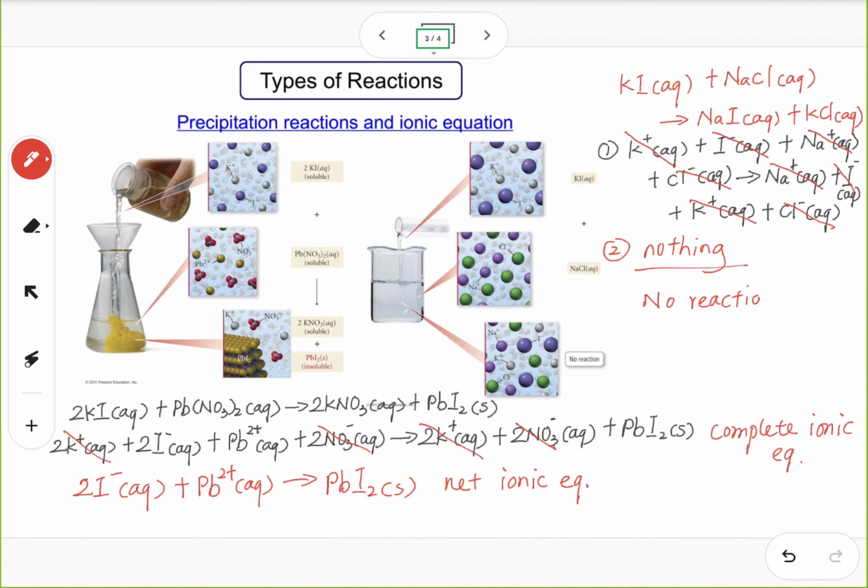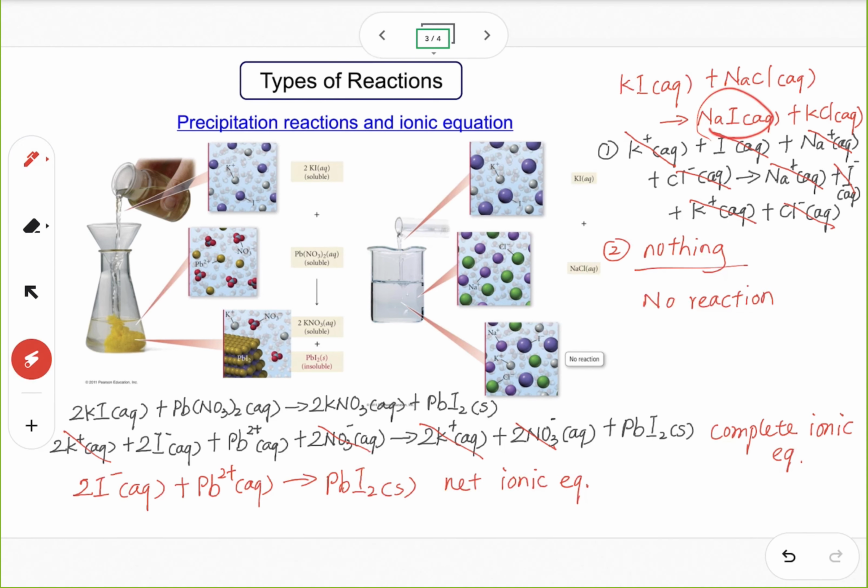Okay, so that's why we said no reaction. Even if you can exchange those two cations and anions, in aqueous solution they are going to dissociate to give you exactly the same ions on two sides. So there's no driving force for this reaction to proceed and generate these two products in solution.